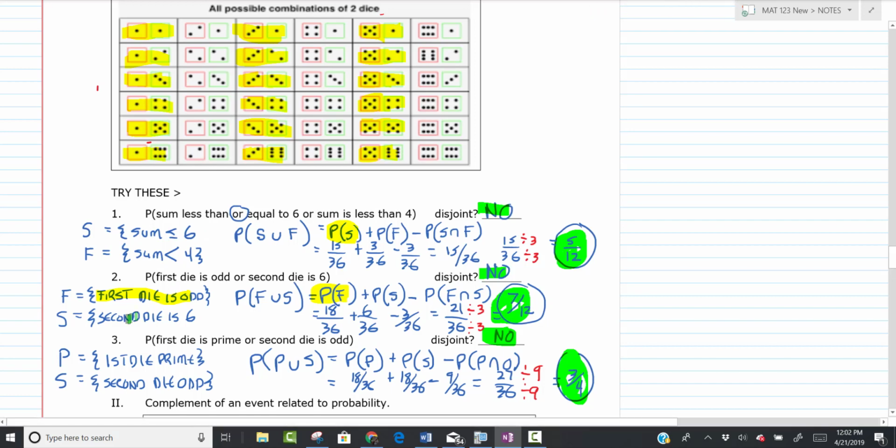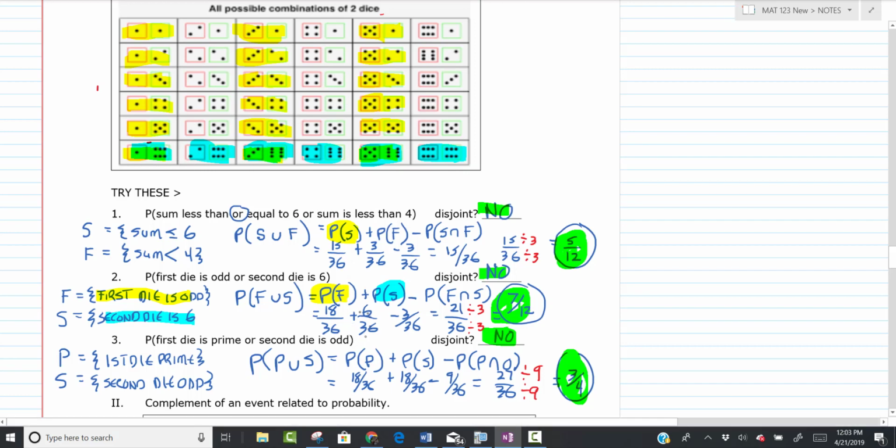The second one is the second die is a 6. So if you look at that, that would be this, or this, or this, or this, like that. And it would be all 6 of these right there. So the 6 possibilities where the second die is a 6.